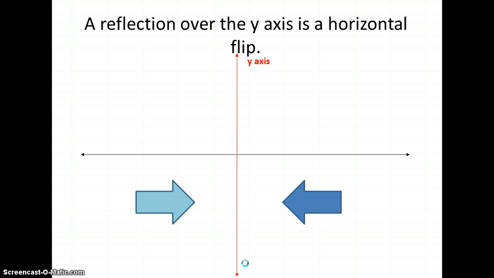If you'll notice, it goes horizontally. In the original figure, the arrow is pointing to the left. But in the reflected figure, the arrow is pointing to the right. Think of when you look in a mirror. If you've got words on your shirt, in the mirror the words will be written backwards. That's a reflection.